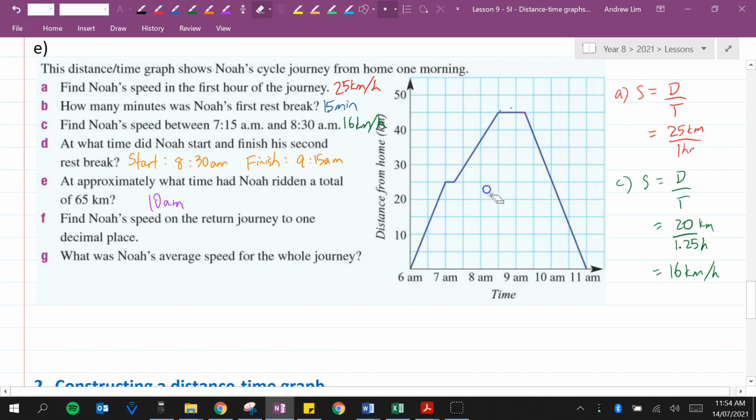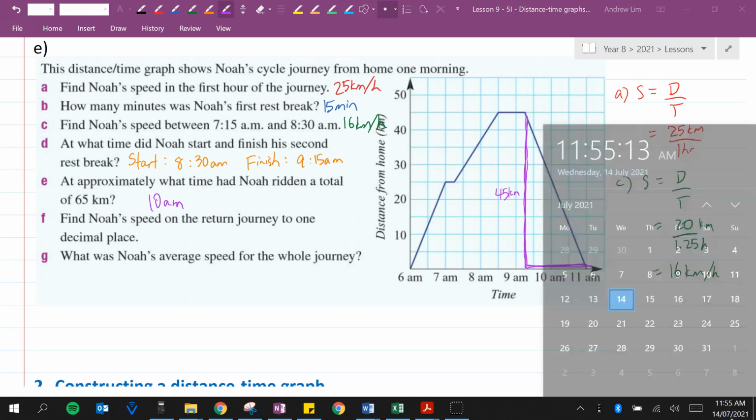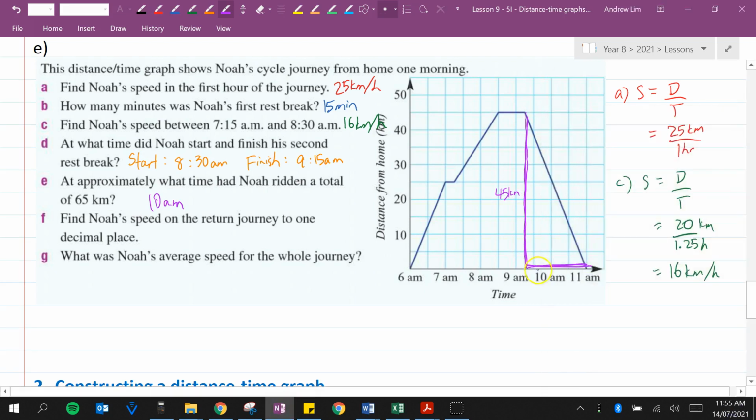Find Noah's speed on the return journey. Correct to 1 decimal place. So, how far did he travel? He traveled 45 kilometers. How long did it take? Actually, let's do it like this.